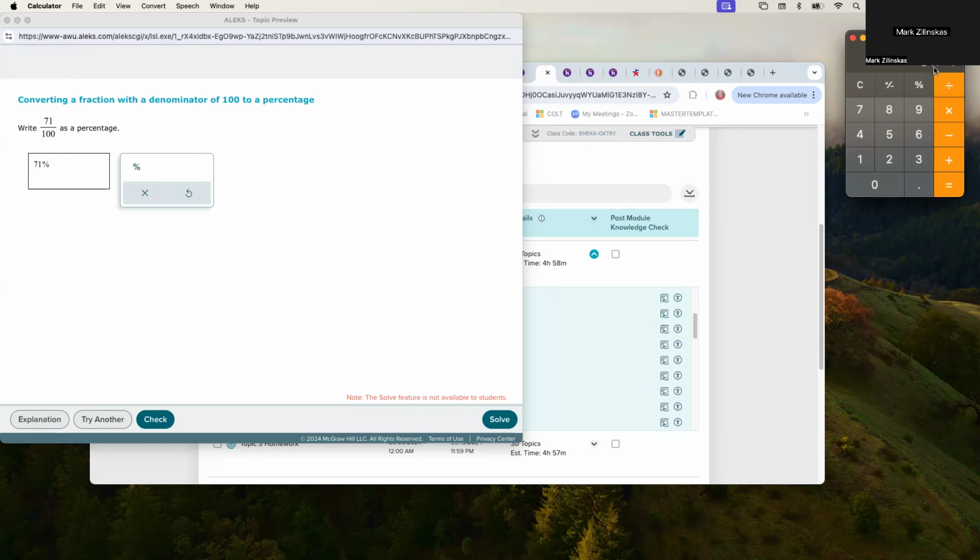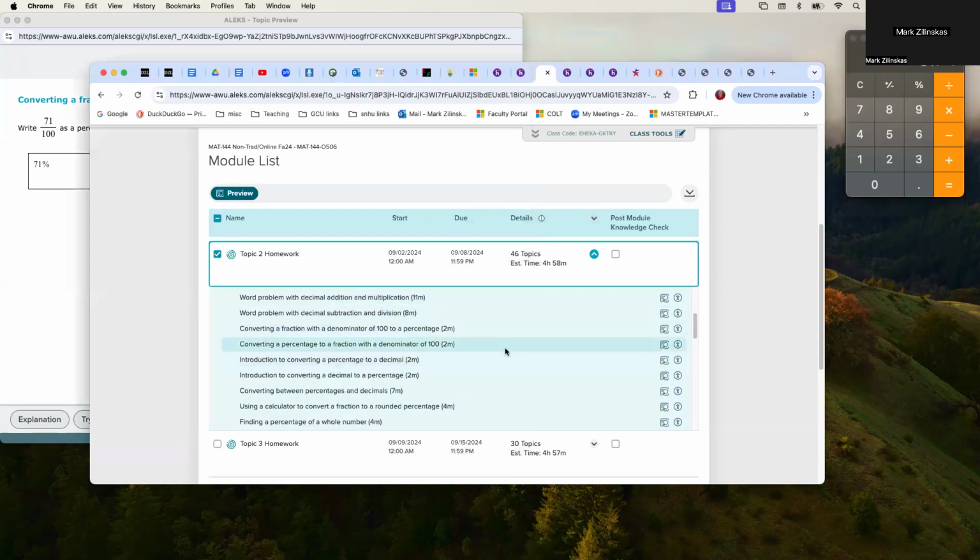And then remember how we convert to percentages. We just move that decimal point 2 places to the right to get our 71% in this case. Okay, so like I said, it's just a matter of entering the answer because that's what the word percent means, per 100. So again, we would just write the 71 in there.